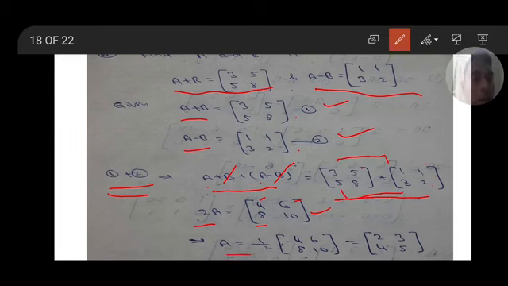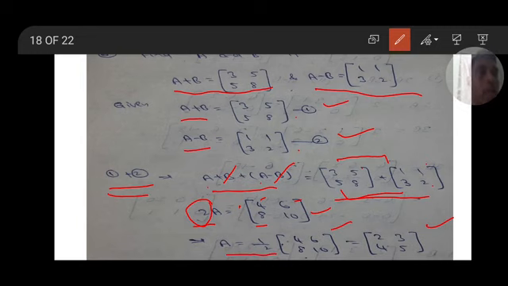Then A equals 1 by 2 times the matrix 4, 6, 8, 10, so we multiply every element by 1 by 2. That is 2, 3, 4, 5. 1 by 2 means division: every element divided by 2.